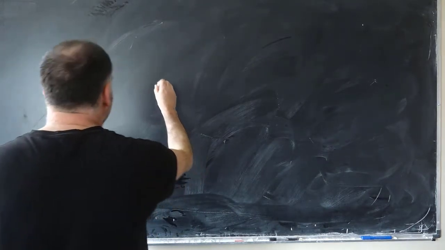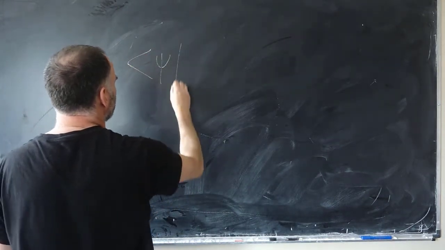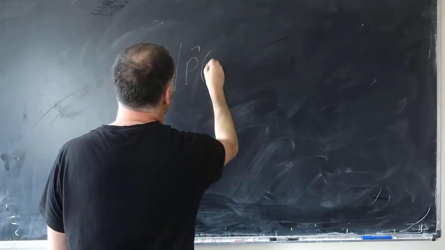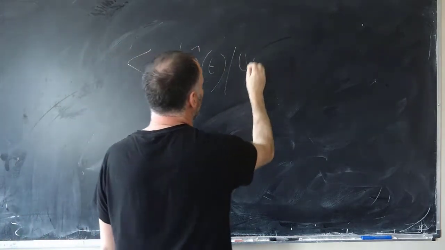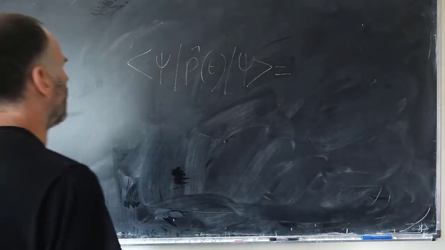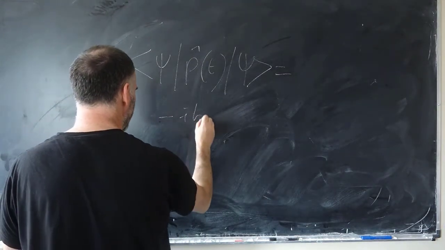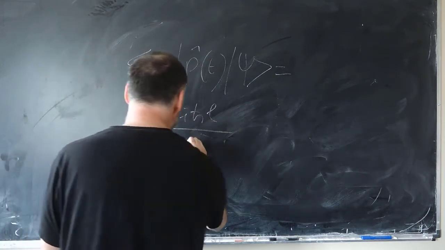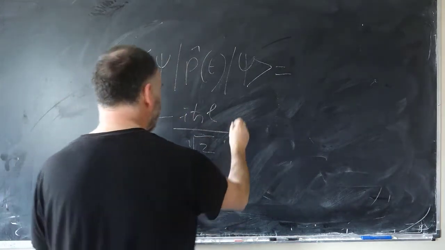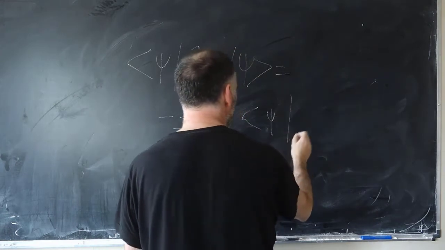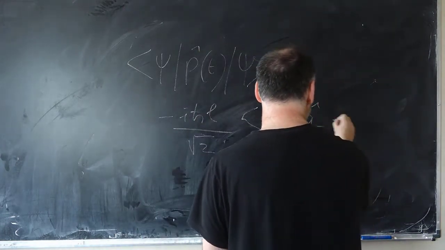So, what we have, and what we're trying to find, is the time dependence of that operator. And that is going to be, well, we've worked out what a momentum operator is in terms of the raising and lowering operators. It's that. And we're going to have our state vector.